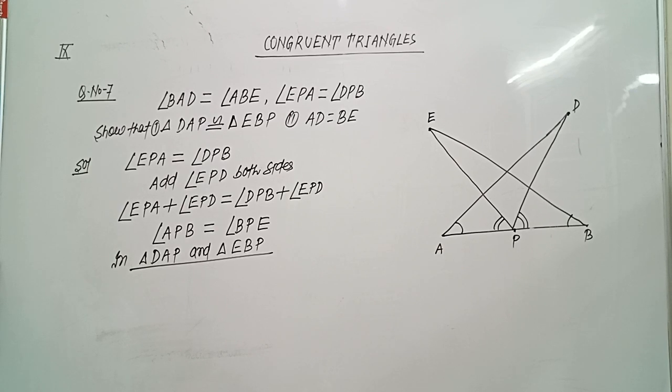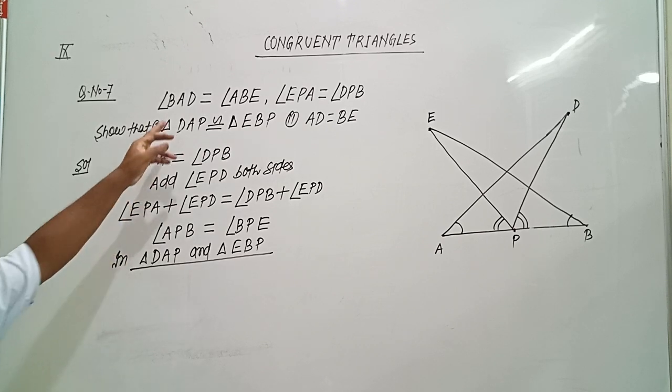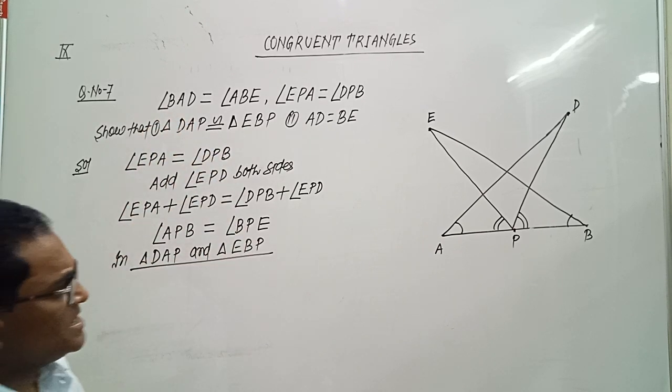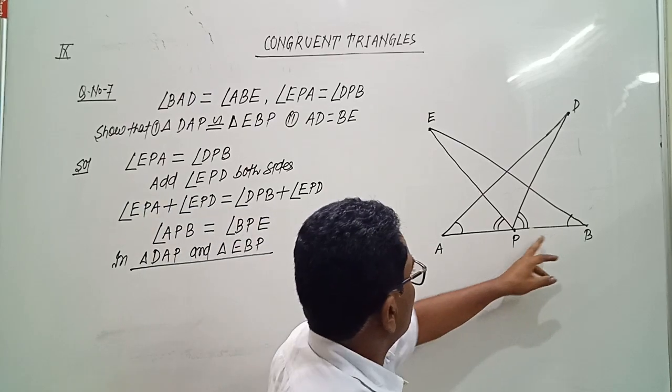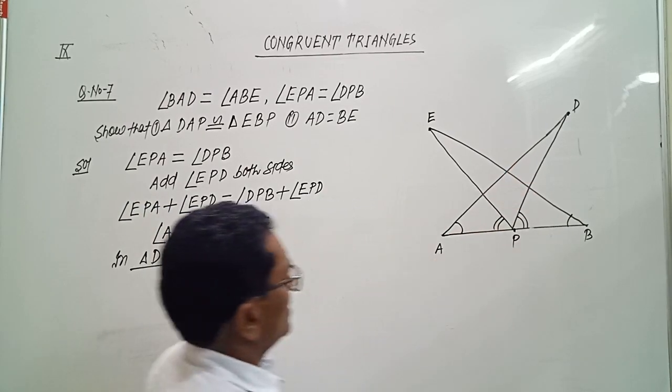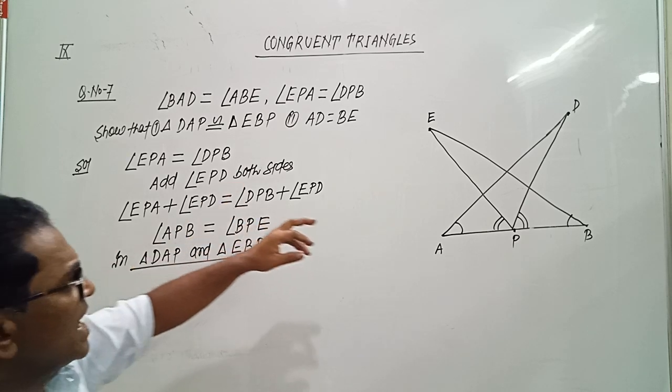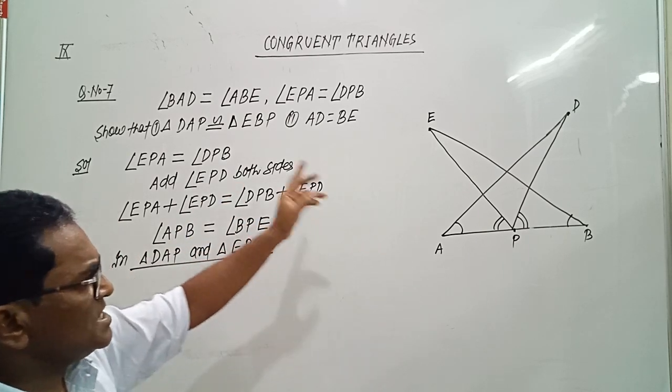Angle BAD, this was given, equals angle ABE.